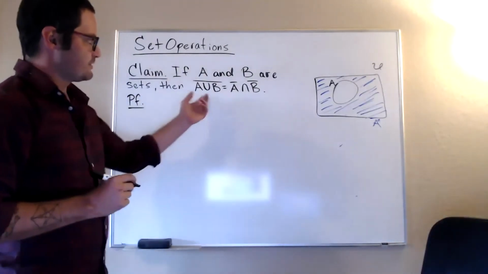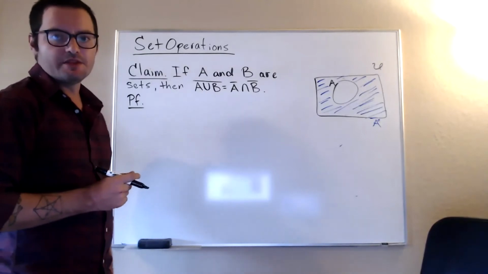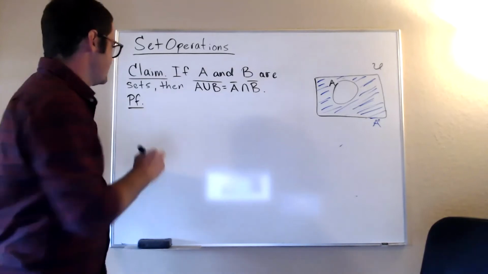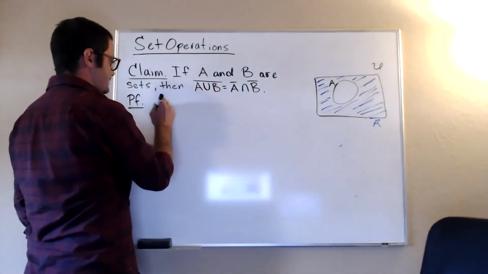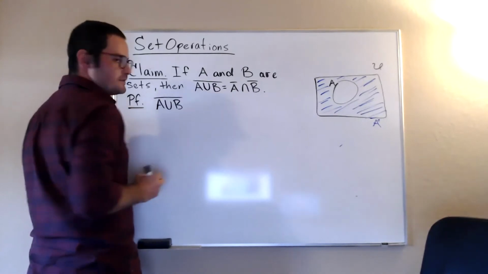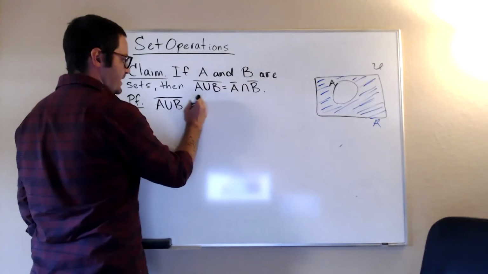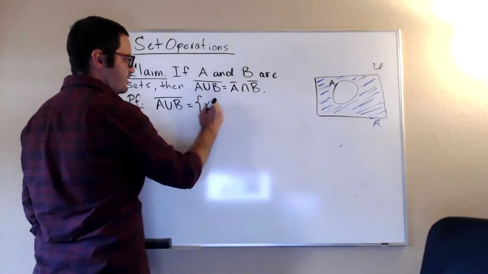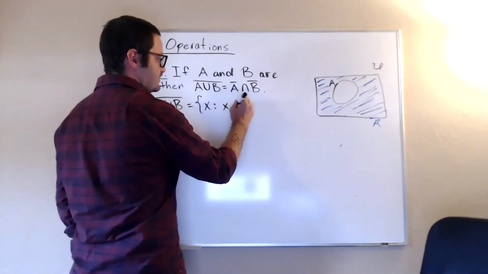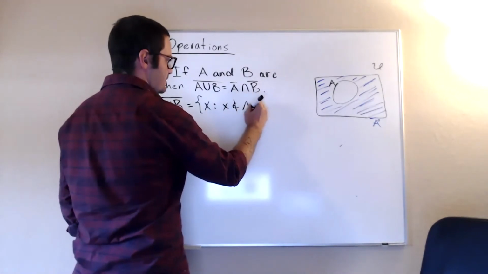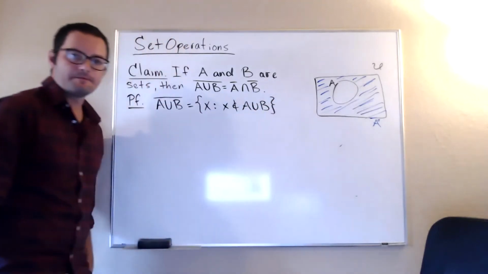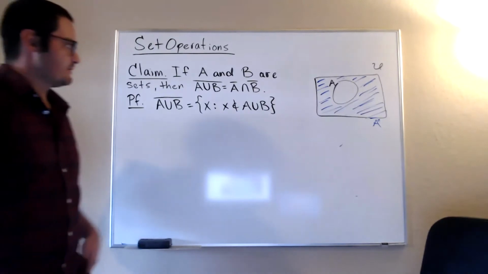So we can just start on one side of this equation and then establish a string of set identities. So let's start on the left-hand side. So we have A union B complement. Well, that's by definition the set of all x such that x is not in A union B, right? That's just the definition of it.